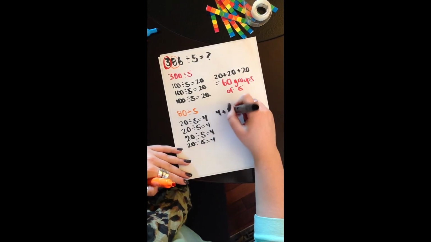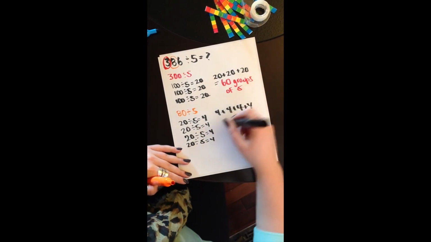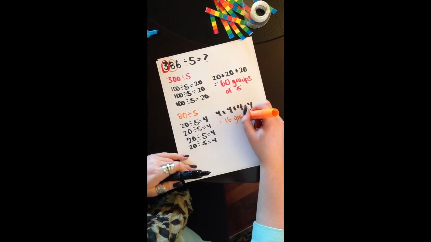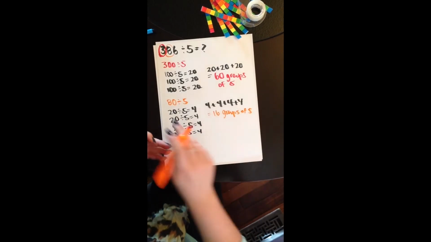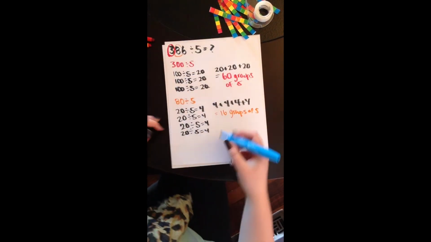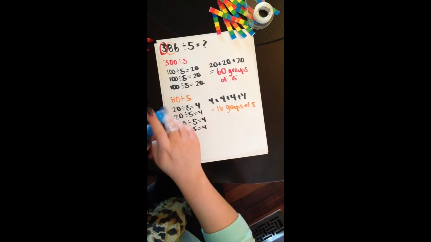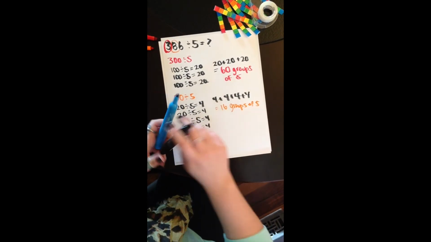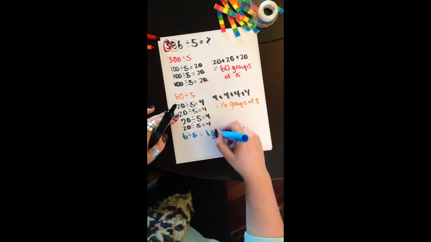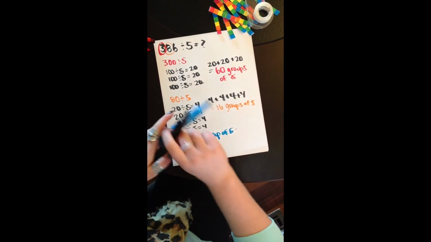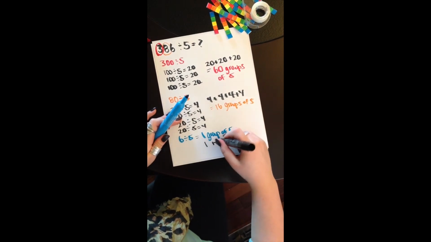This will equal 16 groups of 5. Next, we will do the 6 divided by 5, which is in the ones place, and they will determine that there is one group of 5 in 6 with one remainder.